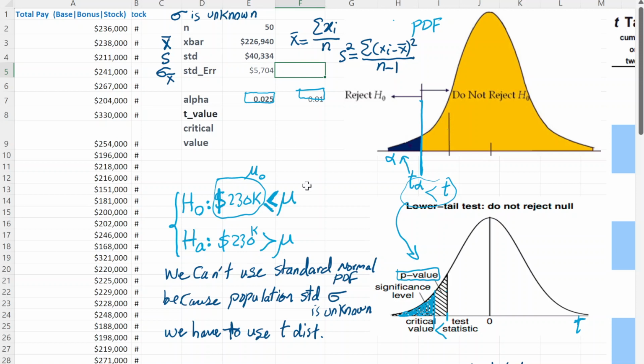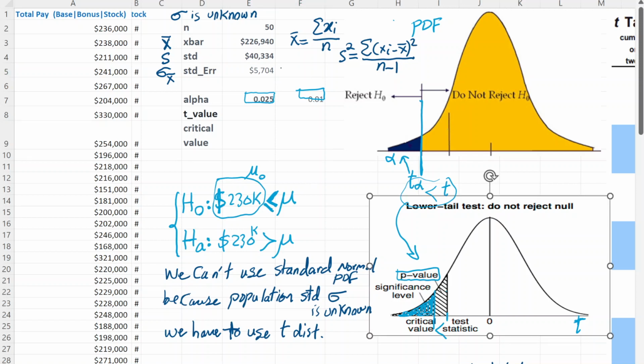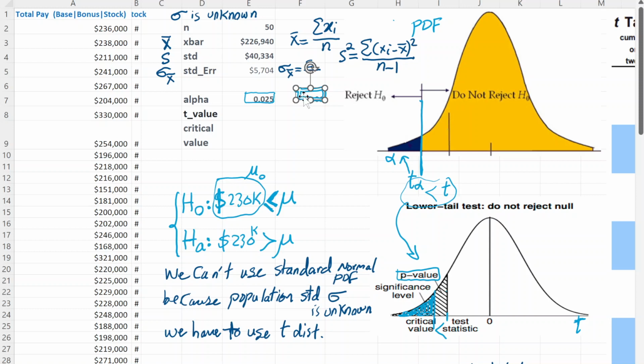I'll write the formula in front of it so we have it in mind: sigma x bar is simply S, which is the point estimator for the population standard deviation, divided by root n. We don't have sigma. I wish we had it, but we don't.